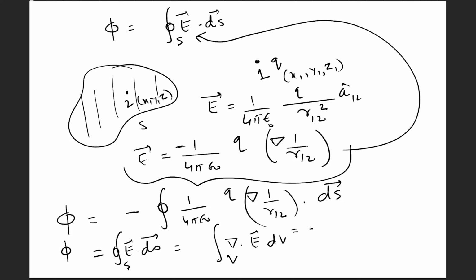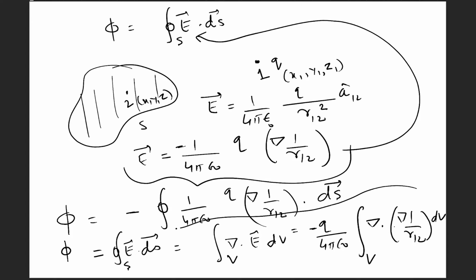We can write it as minus q by 4 pi epsilon naught over volume V del dot del of 1 by r12 dv. So this is the expression for the flux.